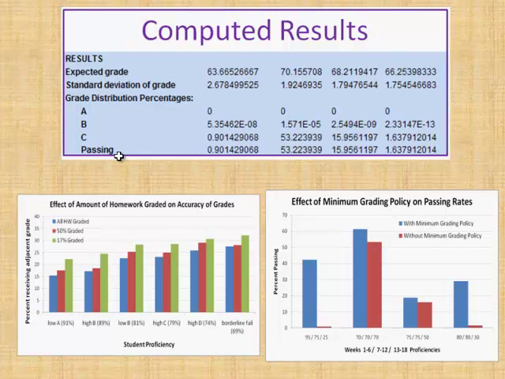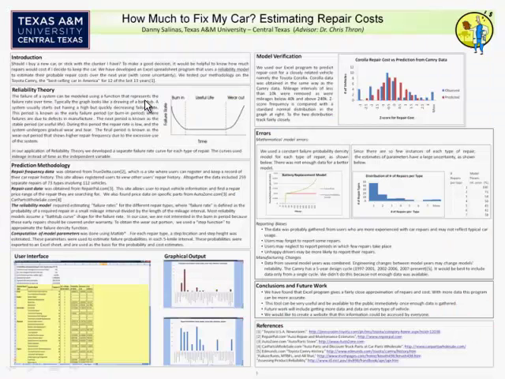Without the minimum grading policy, almost 0% of the students passed. So in some cases, there's a huge effect of minimum grading policy. Okay. So the idea is to use this spreadsheet as a rational policy choice tool for deciding about the impact of grading schemes. Okay, let me move on to Danny's project.